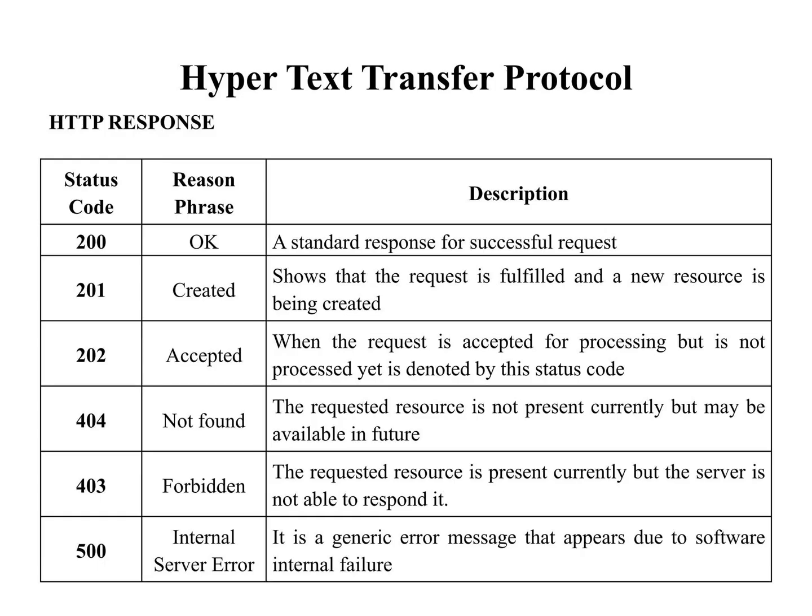Status code 200 means the reason phrase is OK: the request was successful. 201 means created: a new resource has been created. 202 means accepted: the request is accepted. 404 is not found: not currently present, but may be available in future. 403 means forbidden: it is present, but the server is not able to respond. 500 means internal server error, a generic error message due to internal software failure.